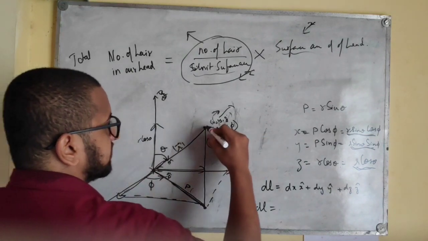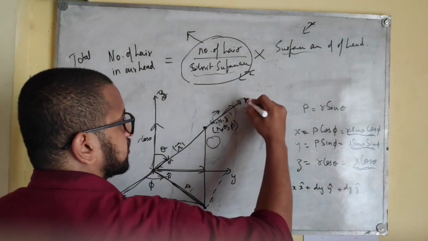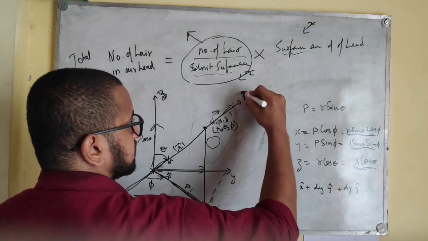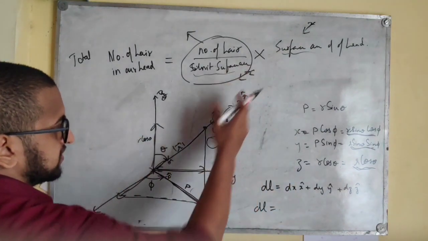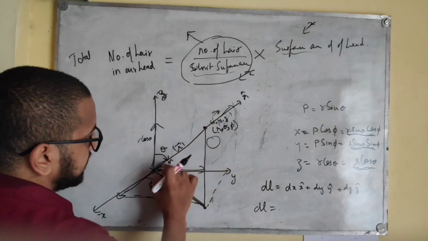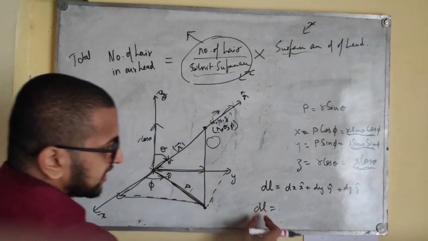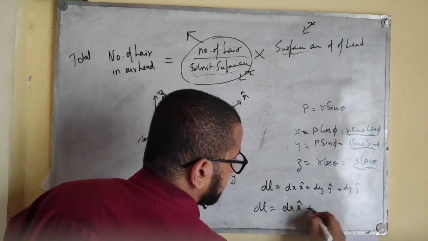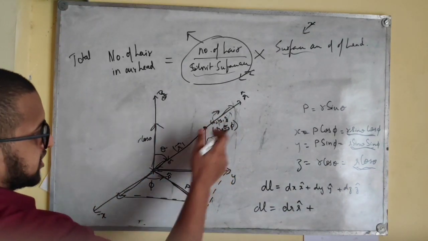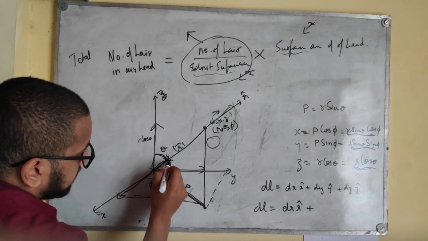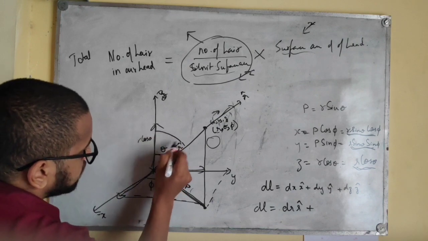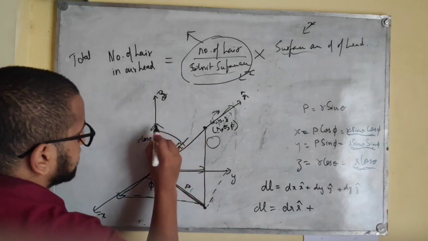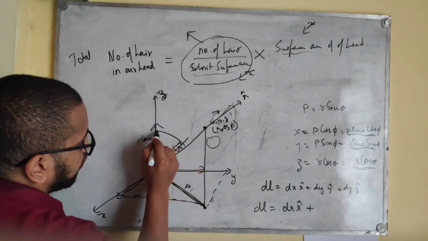The r direction is this one, the direction of r cap, so the length element is dr r cap, plus the theta direction. If r is rotated in this direction, what is this length?